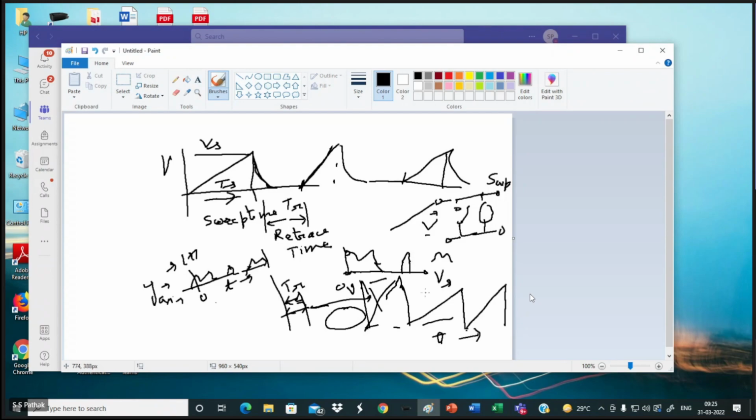So the purpose is that the sweep should be linear and it should become exactly 0 at t equal to Ts. That means the switch should become off immediately. So the switch design is such that it becomes 0 voltage across it the moment it is switched on. So these are the purposes we are going to address in this module number 5.